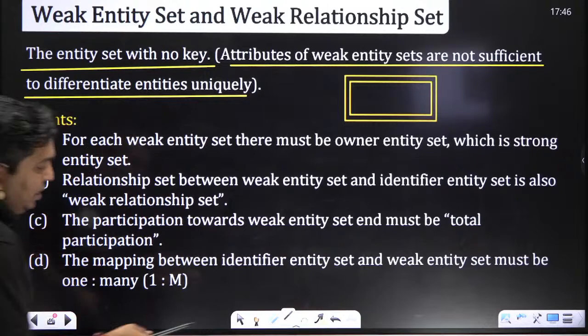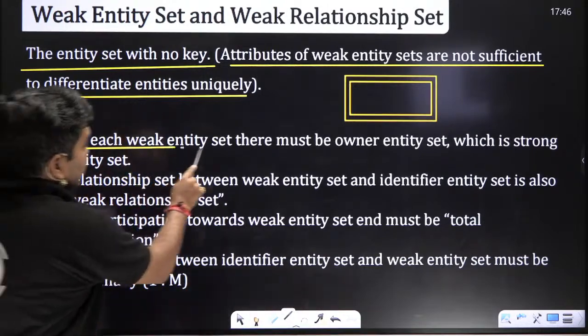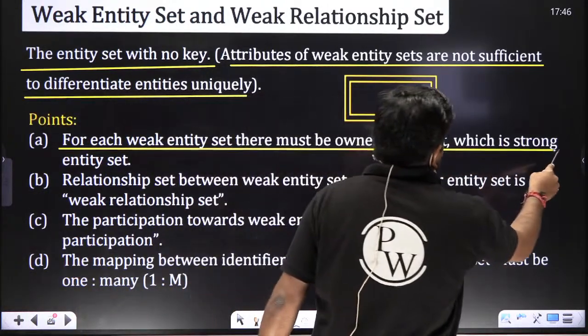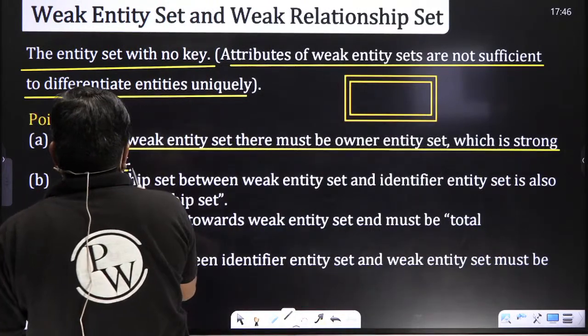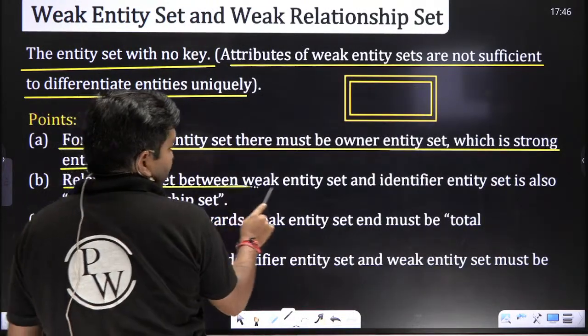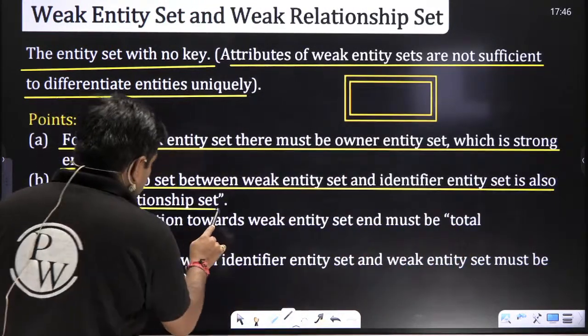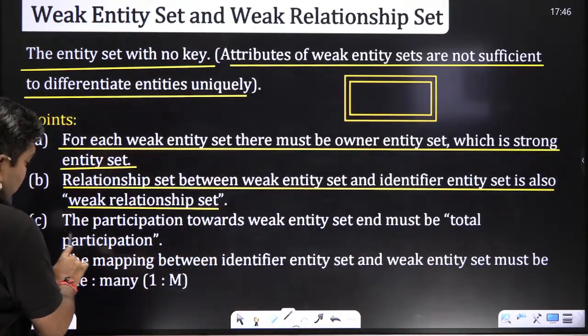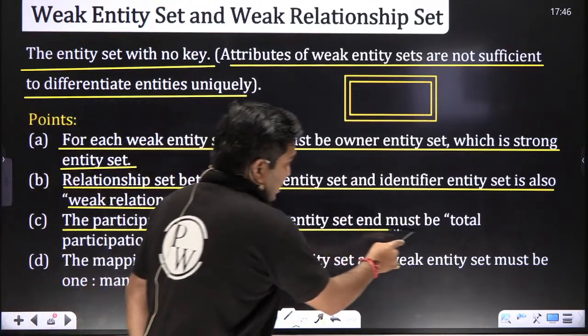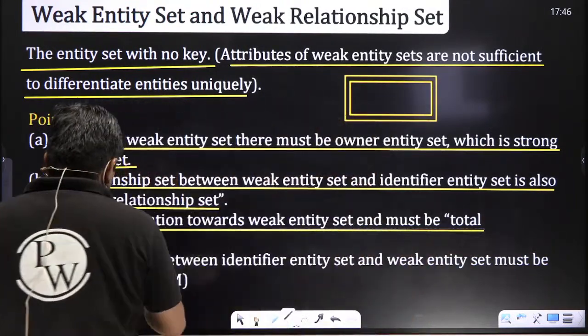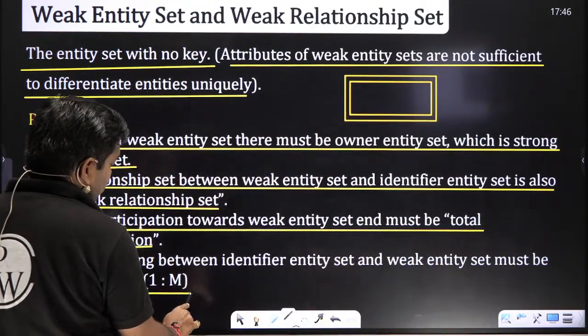For each weak entity set there must be an owner entity set, which is called strong. The relationship set between weak and identifying is also a weak relationship set. The participation towards the weak entity set must be total, and the cardinality ratio is 1 to many.